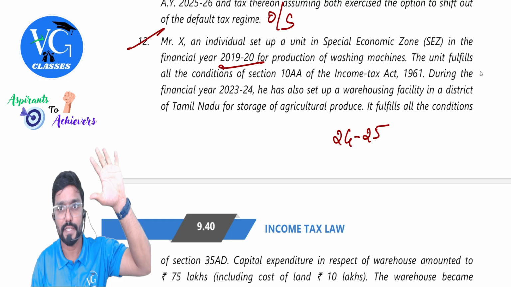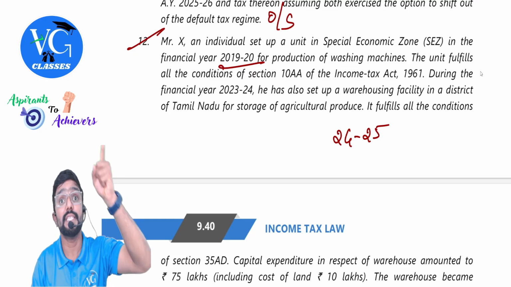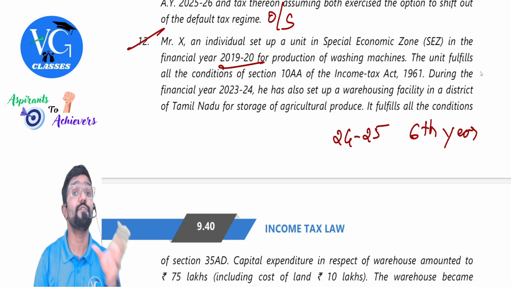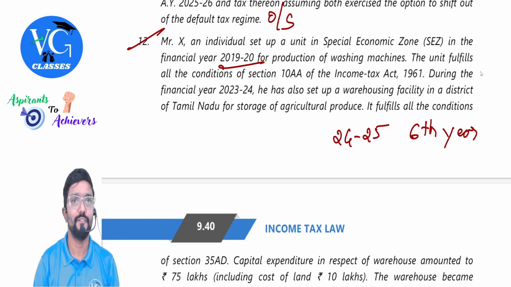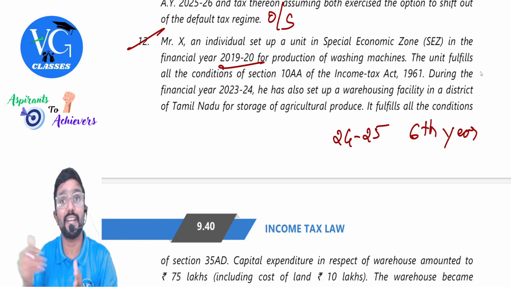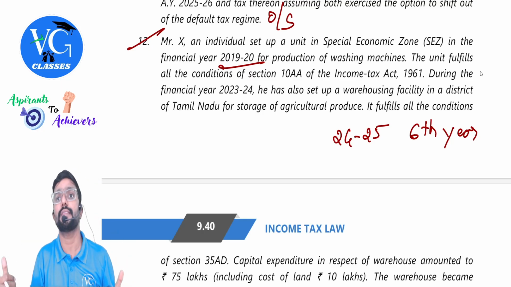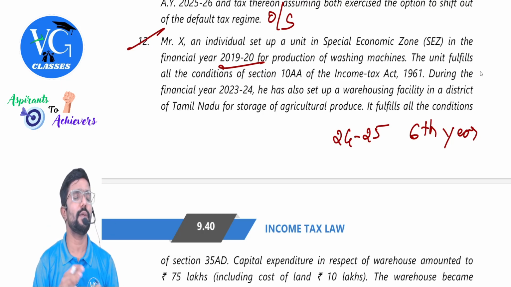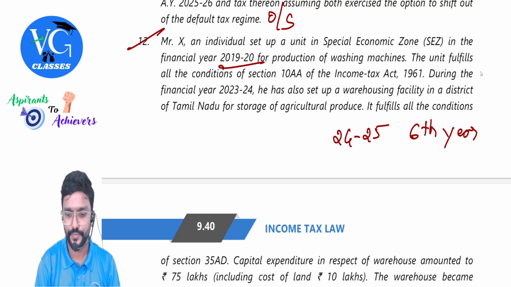Fifth year. Correct? So that means we are in the sixth year. For sixth year, how much is allowed as deduction? 50% of eligible profit. For first 5 years, 100%, whereas for next 5 years, that is from 6th to 10th, it is 50% of eligible profit. Eligible profit is nothing but export profit.